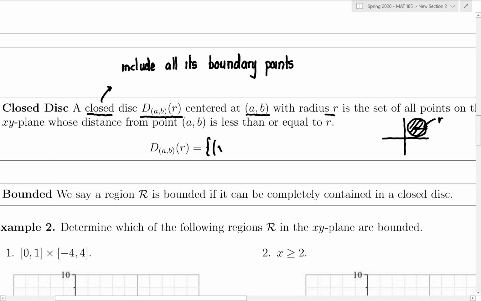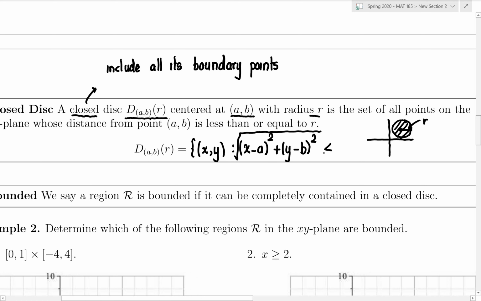In set notation, it would be all points (x, y) such that the square root of (x minus a) squared plus (y minus b) squared, which is the distance from (x, y) to (a, b), is less than or equal to R. We want it to be less than or equal to because we want to include the boundary points, because we're looking for a closed disk.